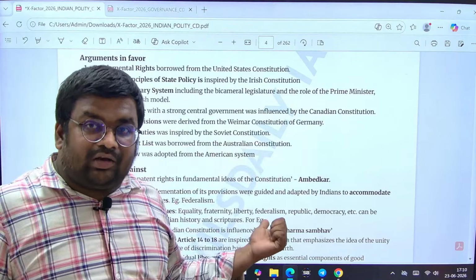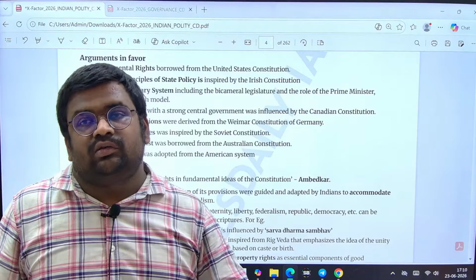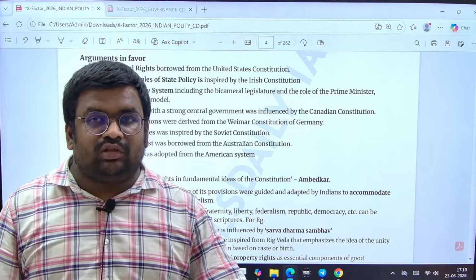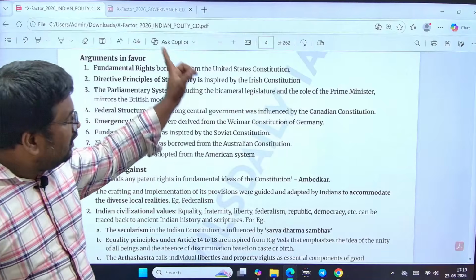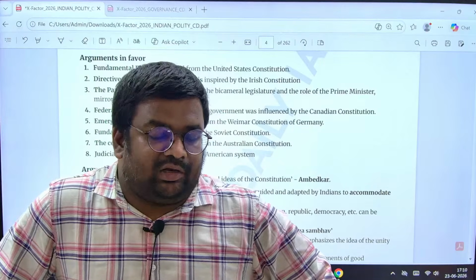Okay. Why we have done it is because unlike the other notes where you have to read, you have to understand, and based upon that you have to make your own notes using the keywords. For X factor आपको यही से पढ़ना है, as it is आपको पेपर में लिखना है.